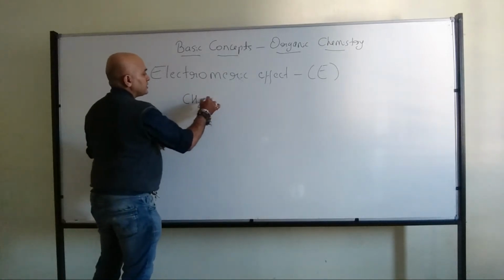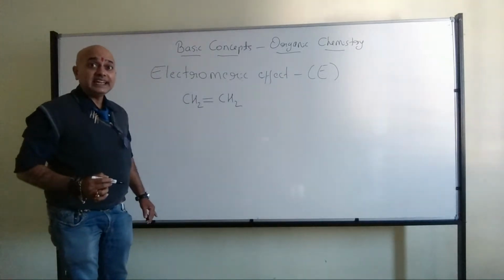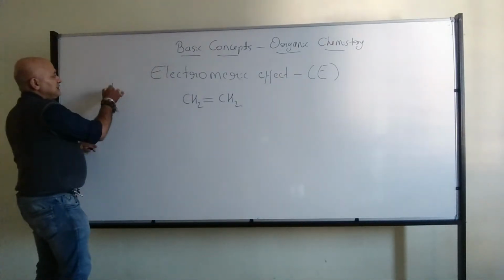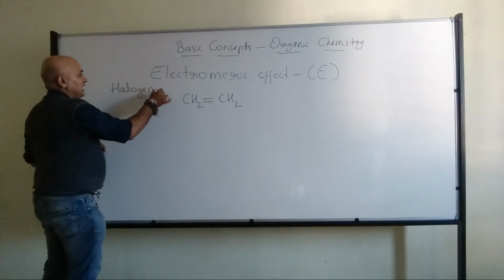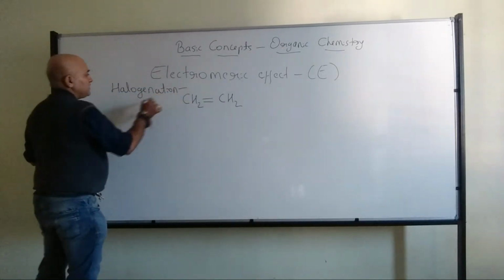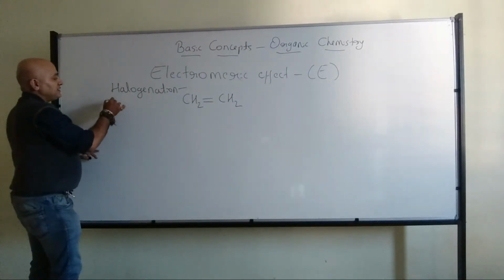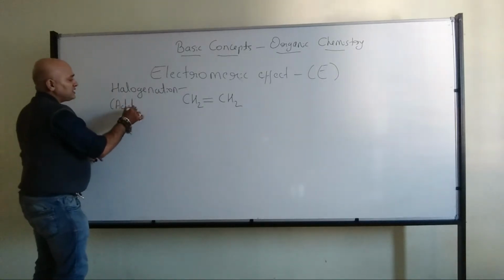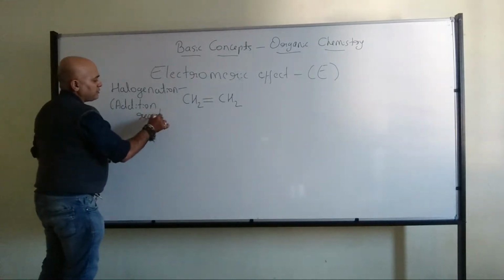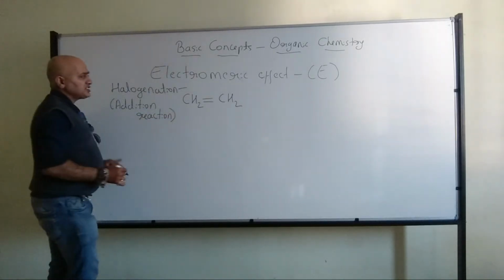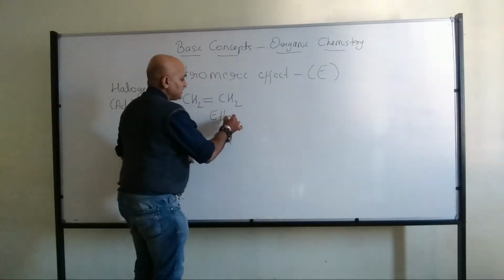CH2=CH2. Once again, addition reaction only. That is nothing but halogenation. That is with respect to addition reaction only. So I have got ethene.